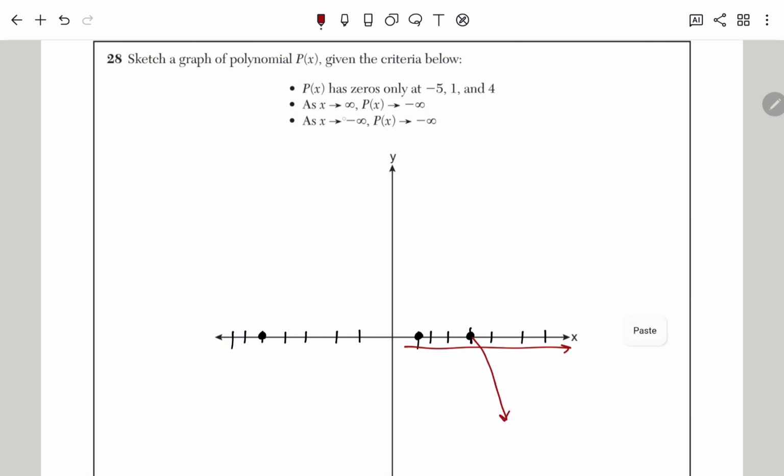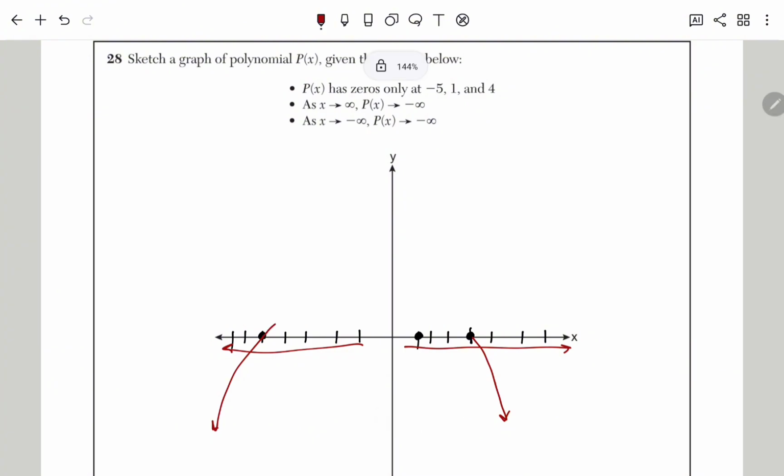And then on the other side, it says that as x approaches negative infinity, p of x approaches negative infinity. So here is my negative infinity for x, and here is my negative infinity for y. Now I have to connect it because it's a polynomial. So what you want to make sure you do is that because we are only given 3 distinct zeros, we don't want to add more zeros.